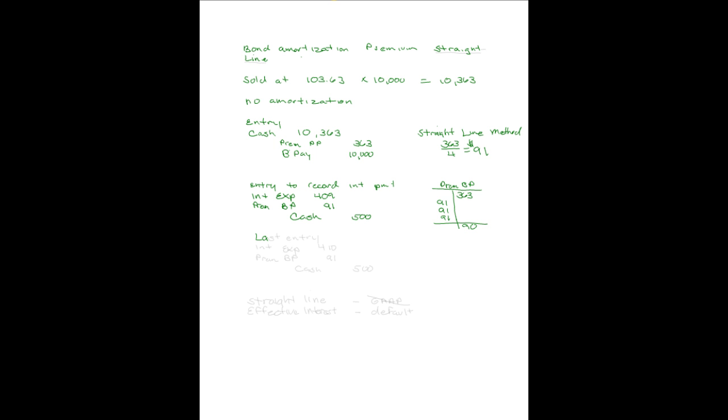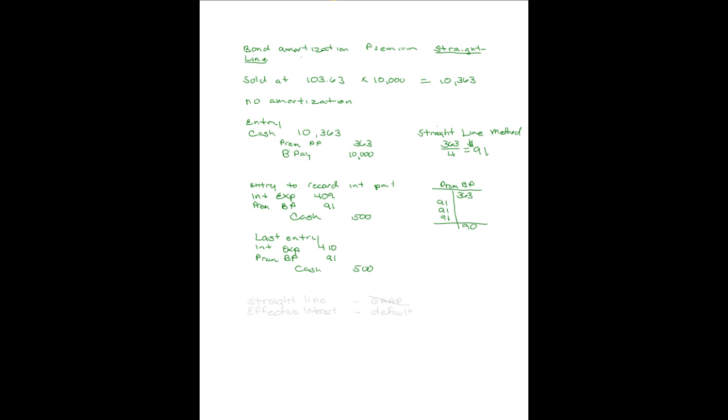So the last entry would plug that, and it would be interest expense of 410, premium on the bonds payable in the amount of 91, in cash. The straight line method is very easy to use, but it's not generally accepted accounting principles.